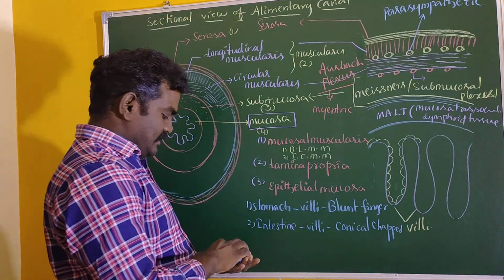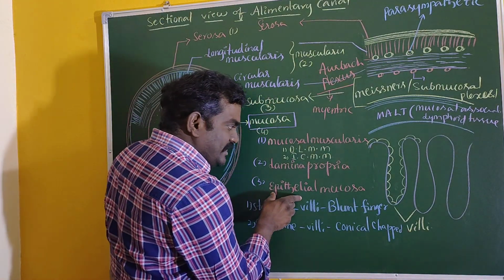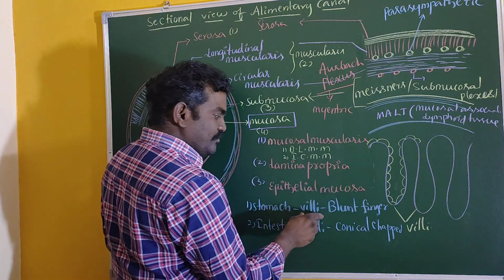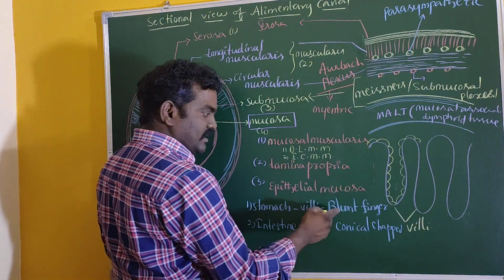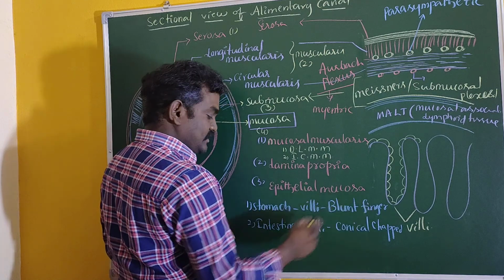So the epithelial mucosa forms villi-like structures in the stomach, appearing like blunt finger-like structures.